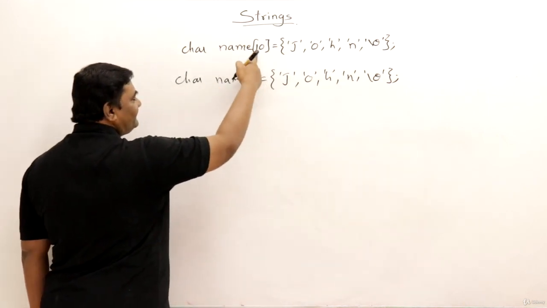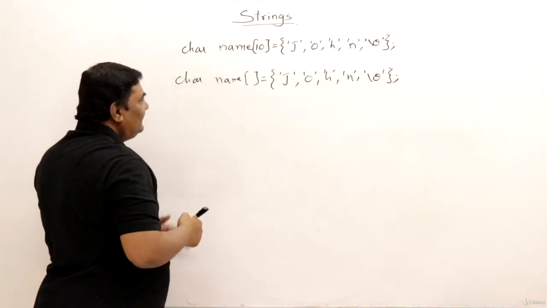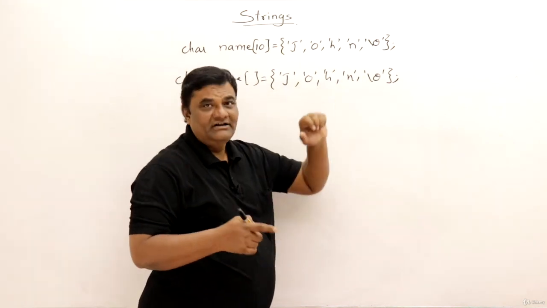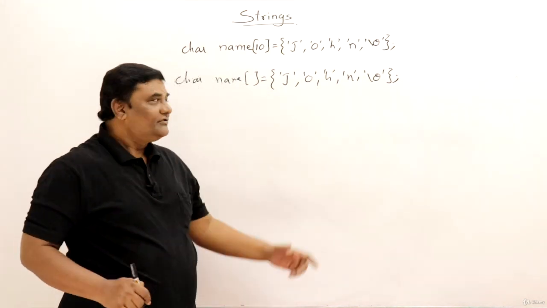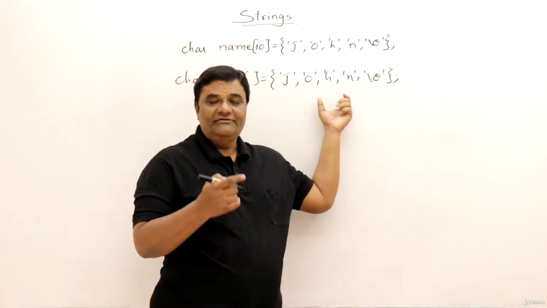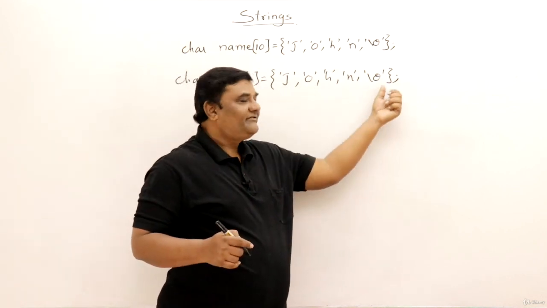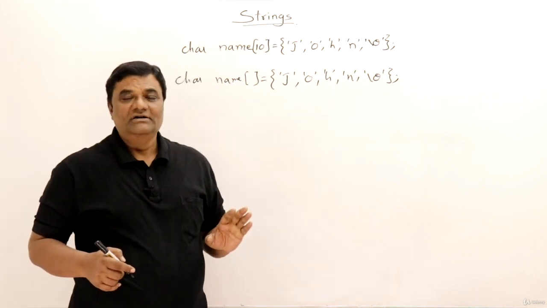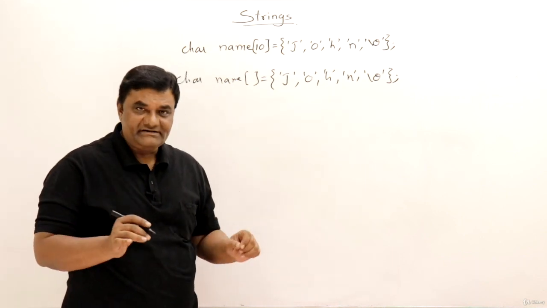This is another way. Just the difference is I have not given the size. Then what will be the size of this array? 1, 2, 3, 4, 5. The size of the array is 5. So for storing 4 alphabets of a word or a name, I must take 5 spaces, so that I provide a space for \0 also. So \0 also consumes space.